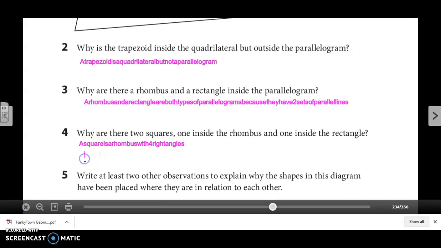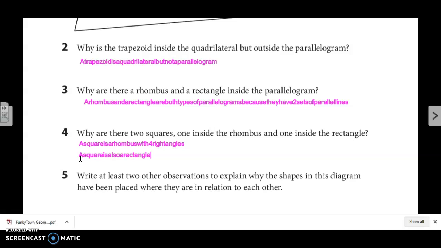But a square is also a rectangle, but it's a special rectangle because it has 4 congruent sides. And that's why a square is both inside a rhombus and a rectangle.